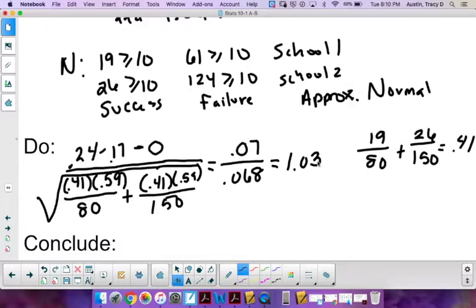Let's see. Does this have the table? No. Oh, no. Can't find my Z table. Let's see. Ah, here we go.